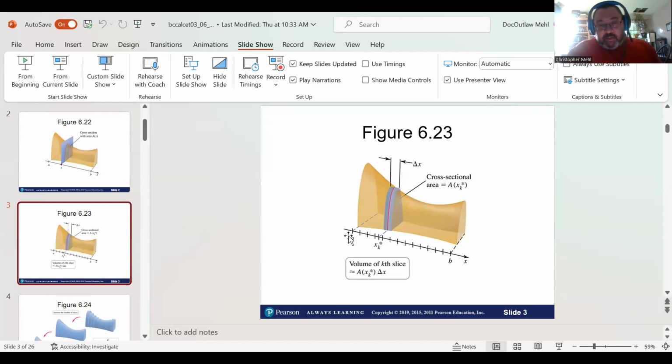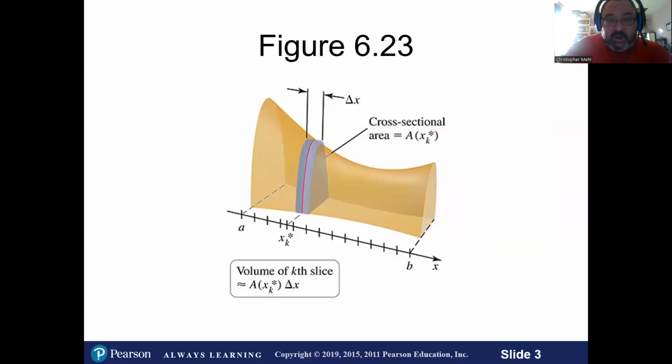Okay, so we've chopped up our interval A to B into pieces. On the kth piece, we're going to evaluate the cross-sectional area.